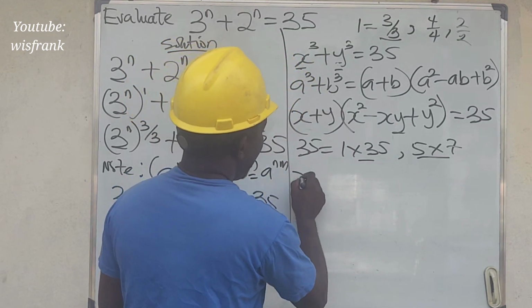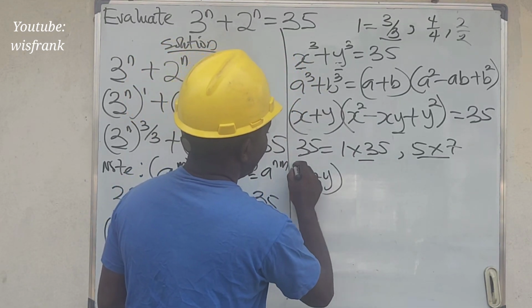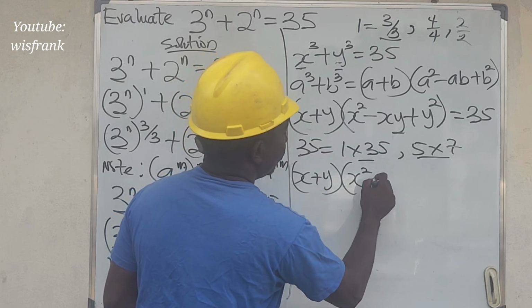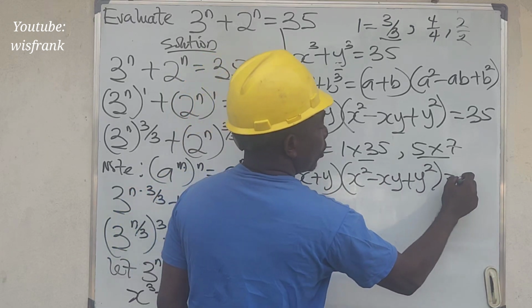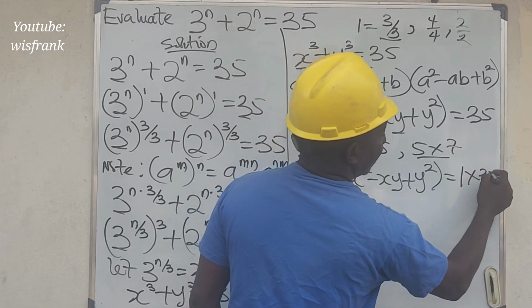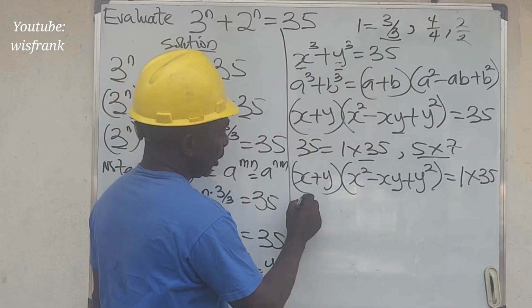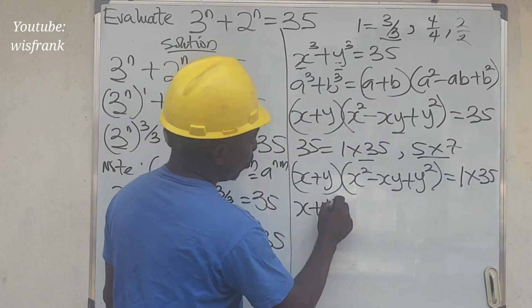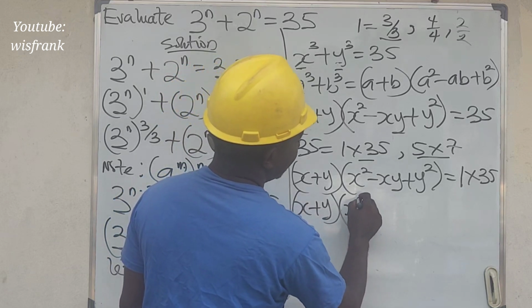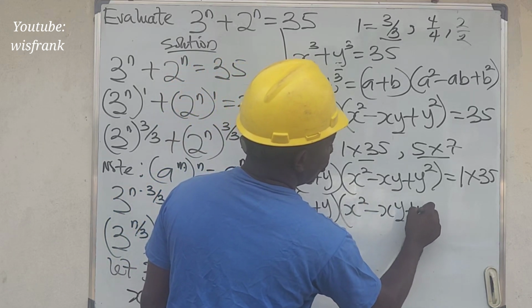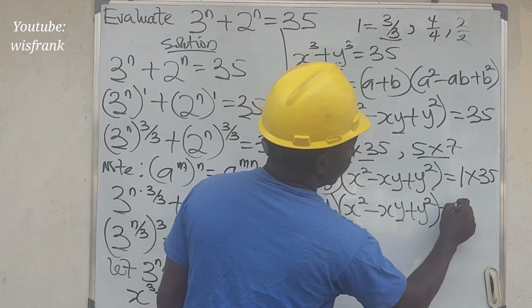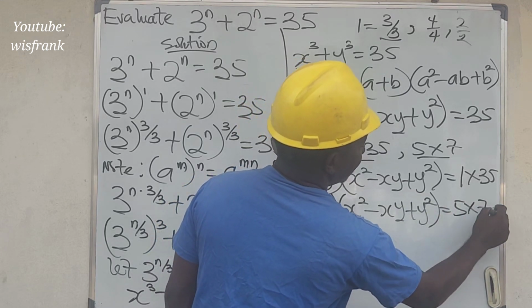So we have here x plus y into x to the power of 2 minus xy plus y to the power of 2 equals 1 times 35. That is for case 1. So case 2 will be x plus y all into x to the power of 2 minus xy plus y to the power of 2 equals 5 times 7.